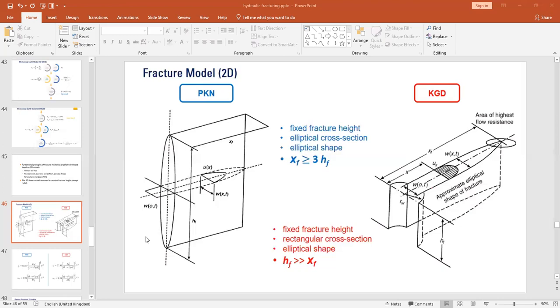Methodology and objective have to be sequential. You start from the first things that are carried out to the last thing. You cannot be talking of productivity when you have not yet fractured the well. Yeah, that's true, sir. And you cannot fracture the well if you have not modeled it, right? So you don't just put objectives anyhow. It has to be sequential.